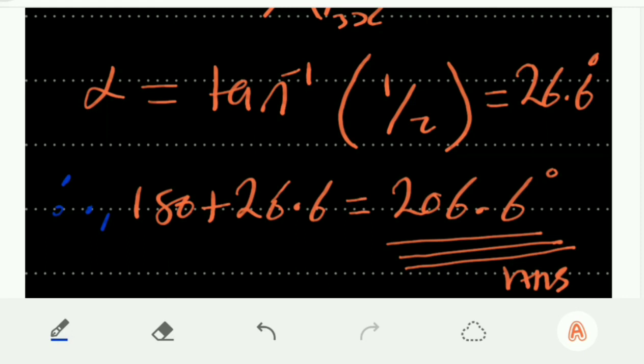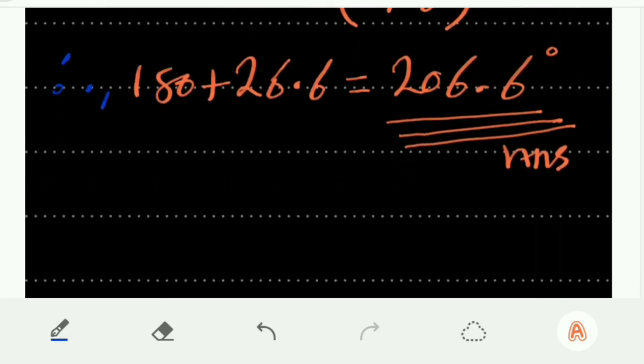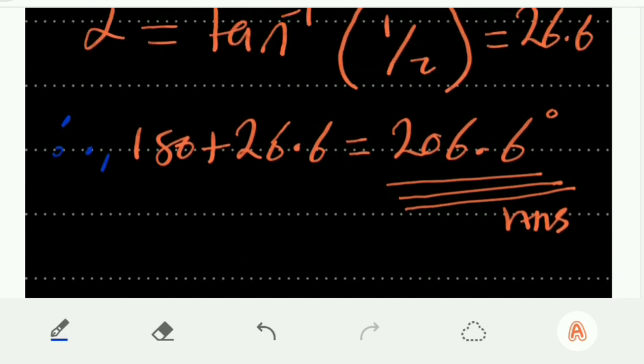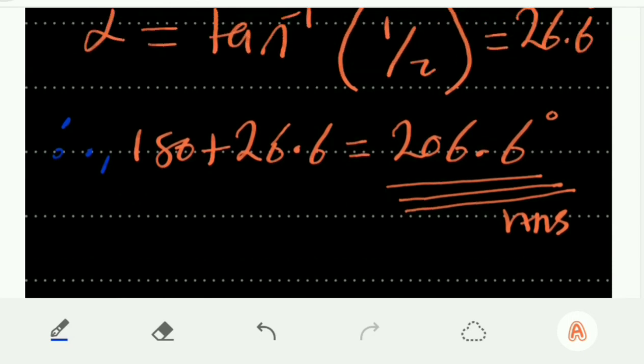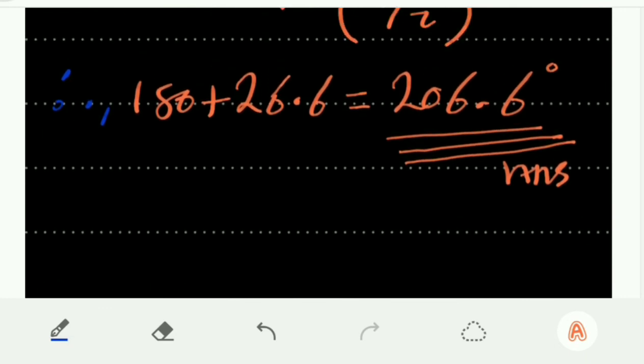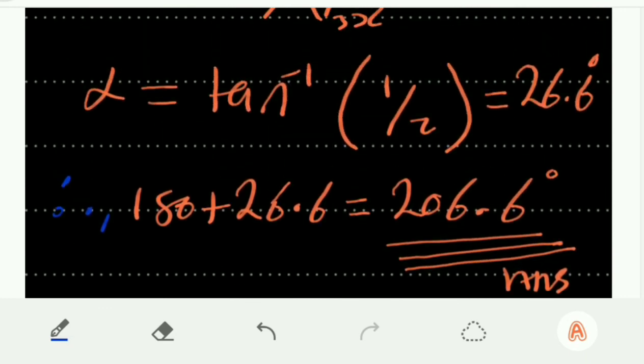You are going to use that method, the mathematics, the reference. So this is question 4. We have now found the direction of the third particle as well as its final speed.